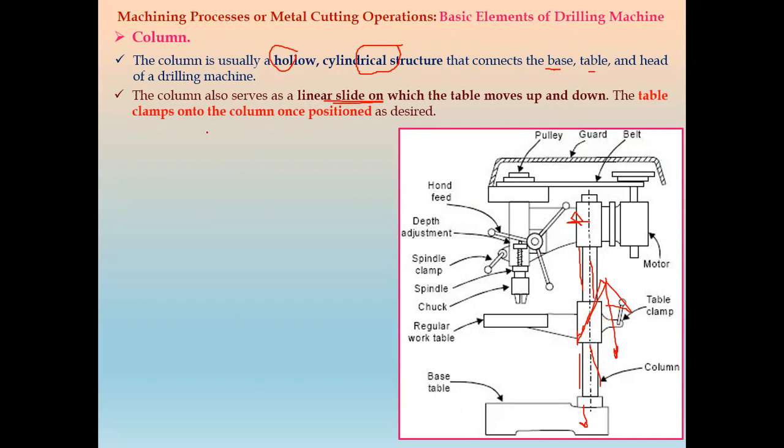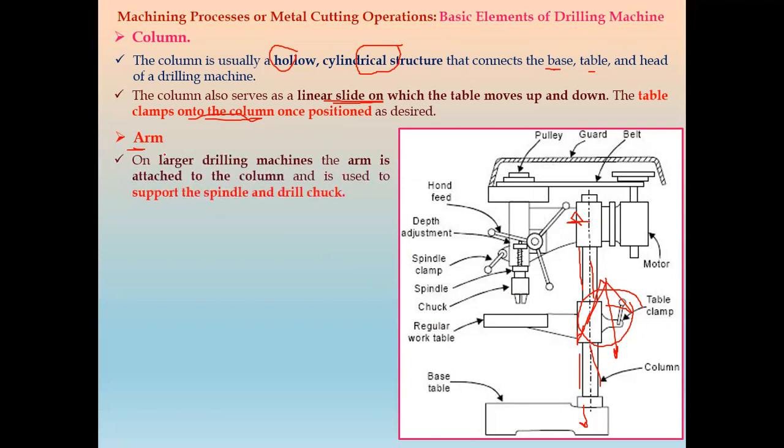The table clamps onto the column once positioned as desired. First we clamp this table, and after that we can again move the work table. So next part is the arm.